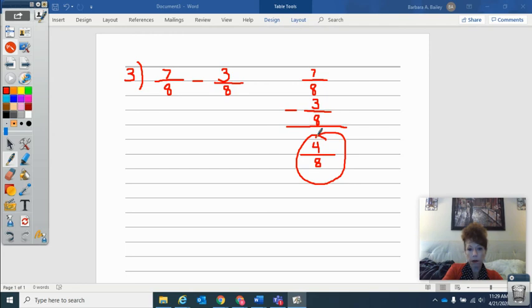Okay, so if I wanted to show this visually, I can make another pizza. See if this one comes out more round this time. Here's my pizza. I'm going to cut it into 8 pieces because that's my denominator.